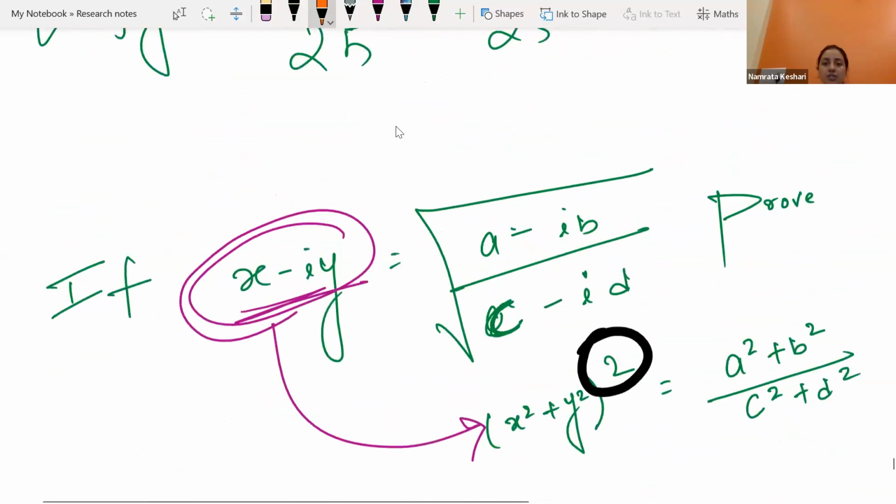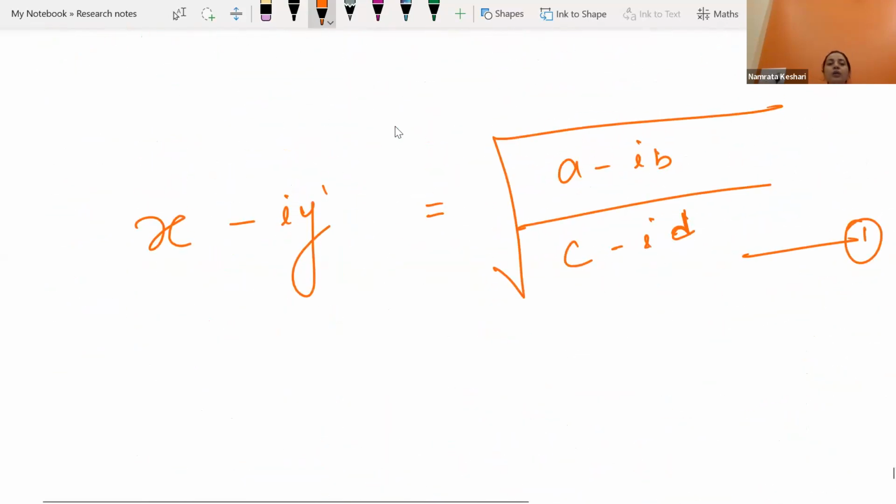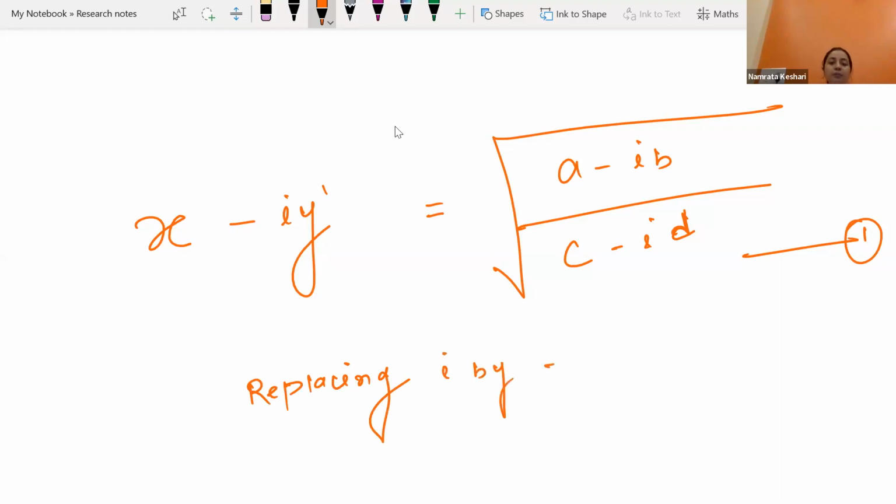Now in this we want to multiply on the left side x plus iy. So we are finding the conjugate on the left side, or we are replacing i by minus i. It's the same thing. Replacing i by minus i, or you say the terminology conjugate, it's the same thing.